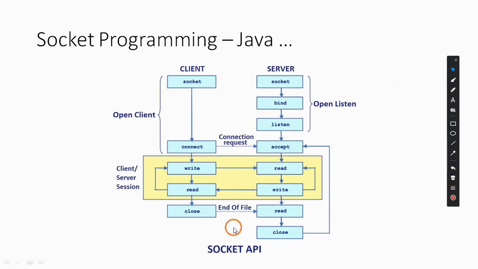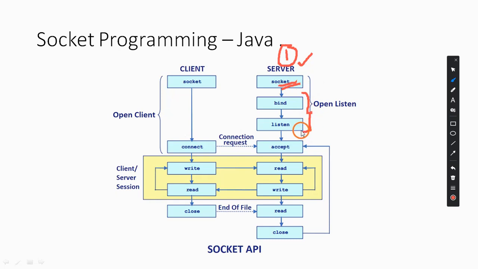And this is the basic process that is going to take place in case of socket programming. The first entity that needs to be started is the server. A server will open a socket and it will listen on the socket.